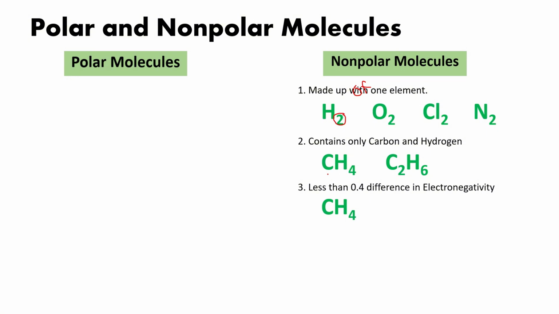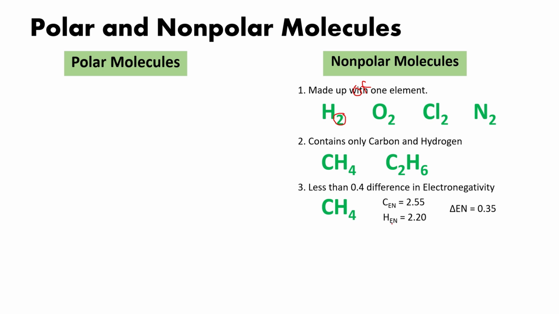Now, in number three, less than 0.4 difference in electronegativity. What does it mean by this? It means if you have two elements here, carbon and hydrogen, if you subtract their electronegativity, if the answer is less than 0.4, then they are nonpolar. Just like this one, the electronegativity of carbon is approximately 2.55.